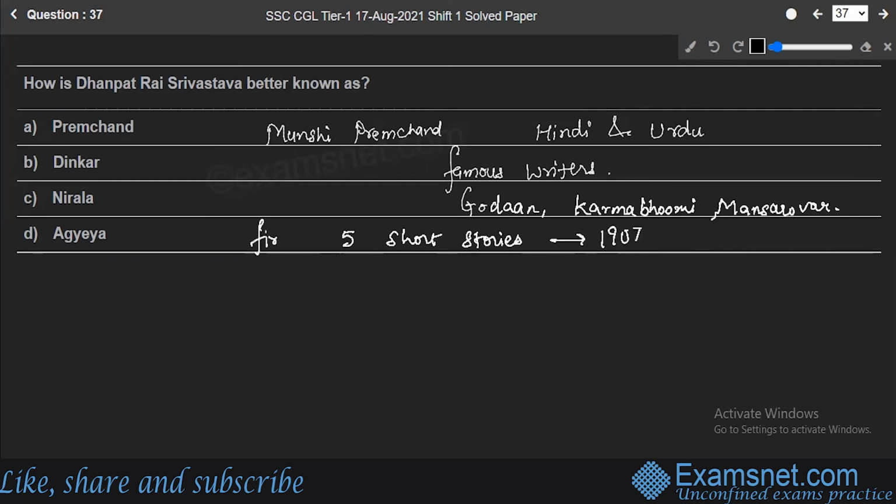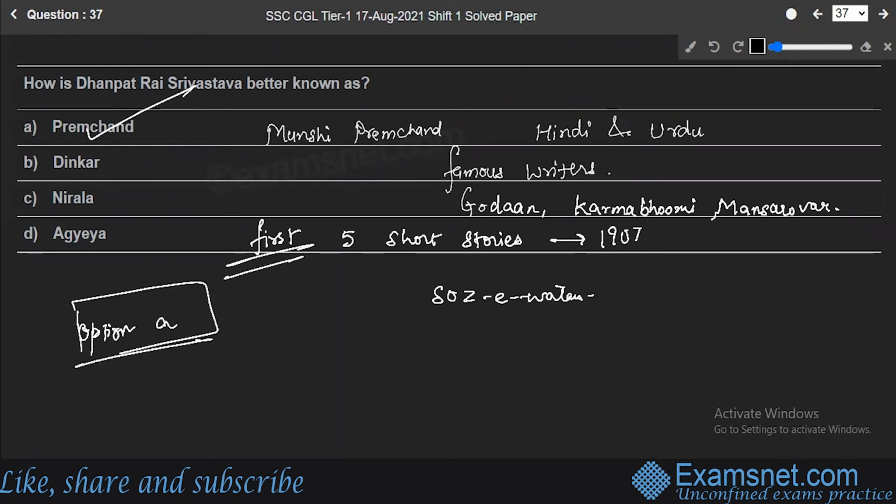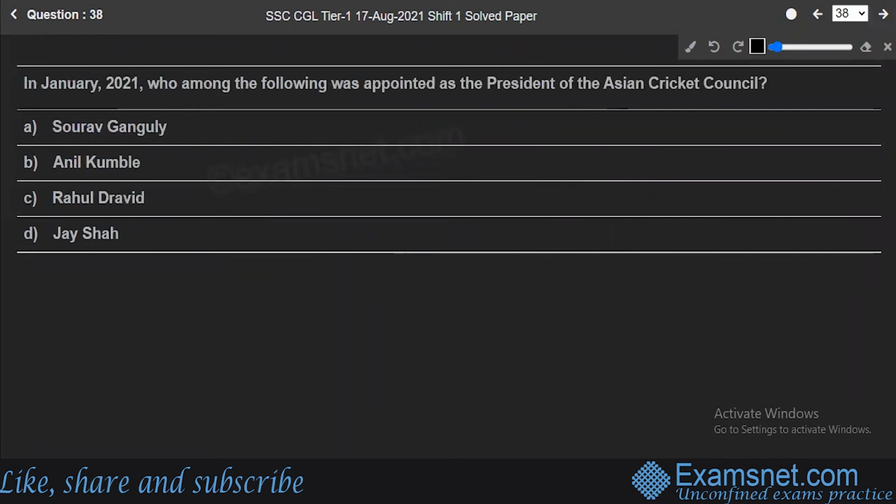It was his first one published in a book that was called Soz-e-Watan. Option A, Premchand, or better known as Munshi Premchand, is the answer to this question. Hope you are clear. Next is question number 38.